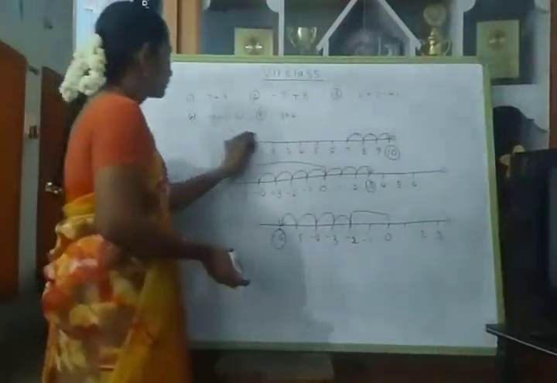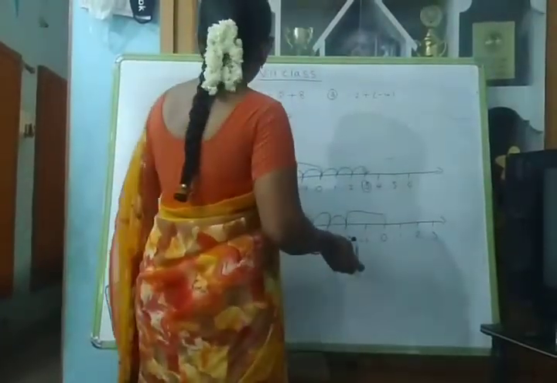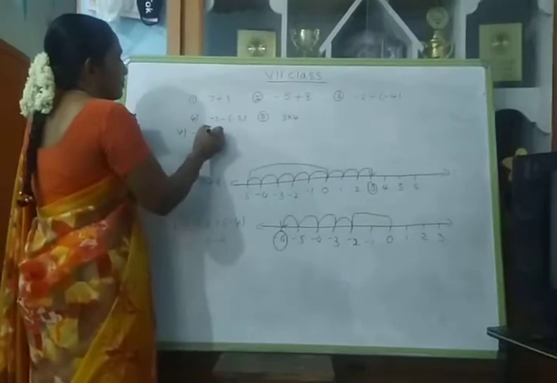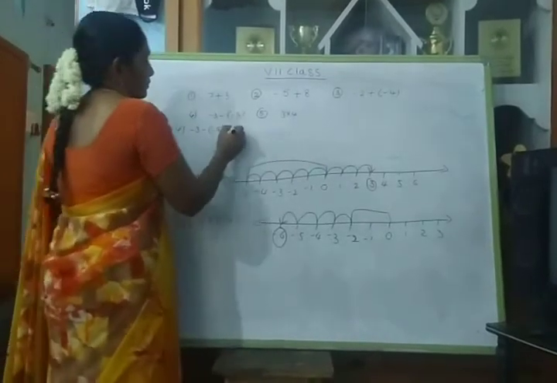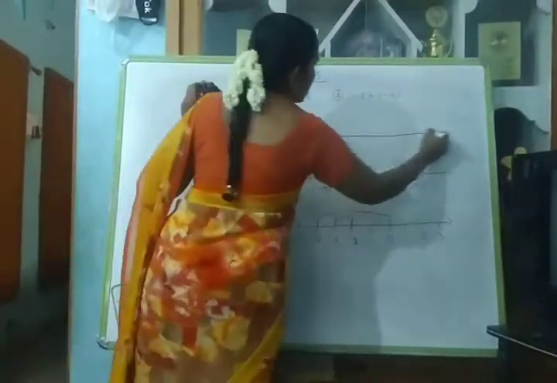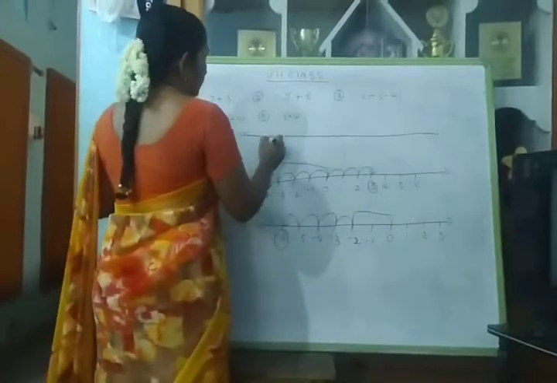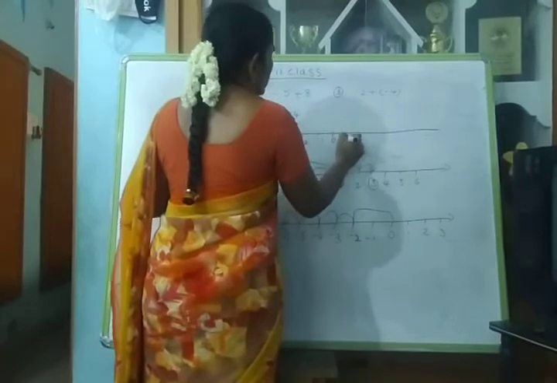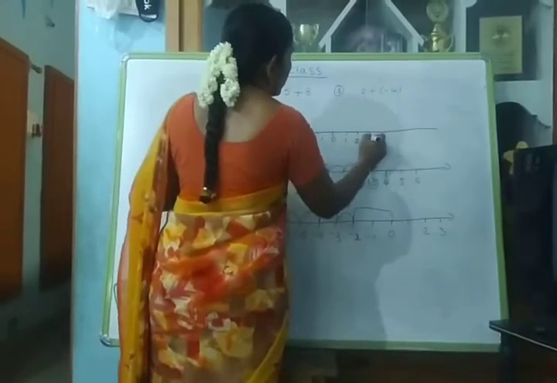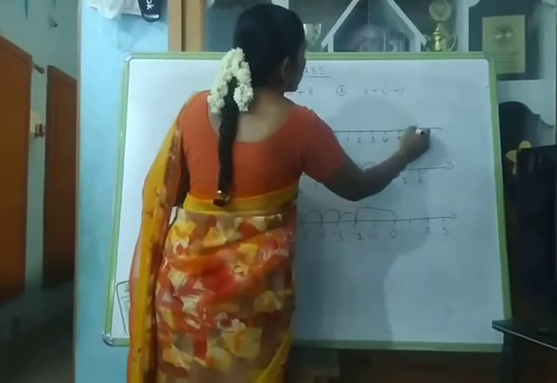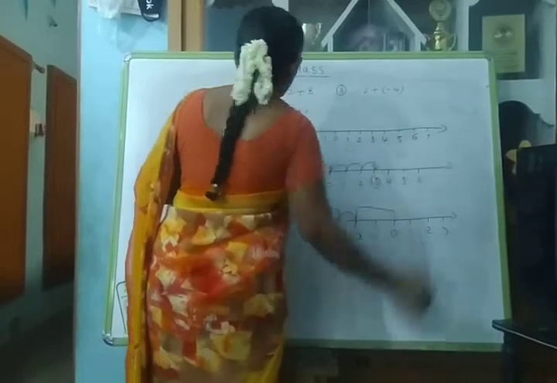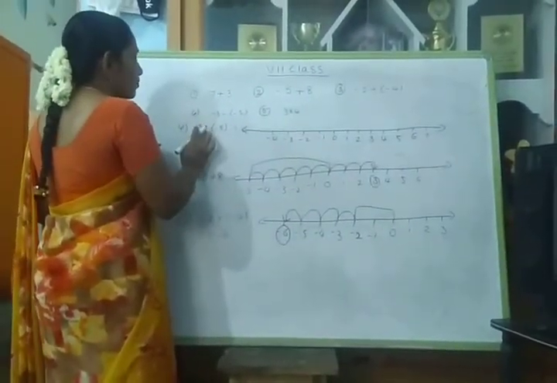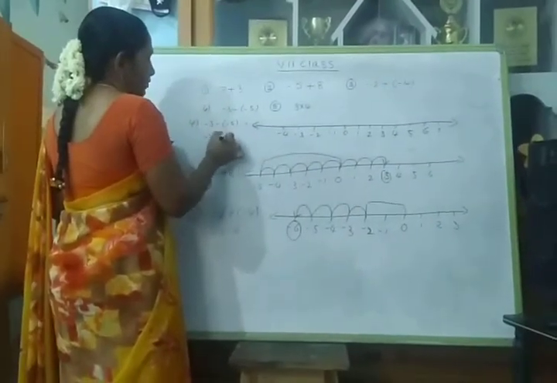Next one, fourth one. Minus 3 minus of minus 5. Minus 4, minus 3, minus 2, minus 1, 0, 1, 2, 3, 4, 5, 6, 7. Look here: minus 3, minus into minus, what do you get?